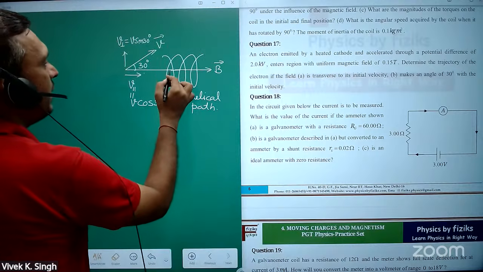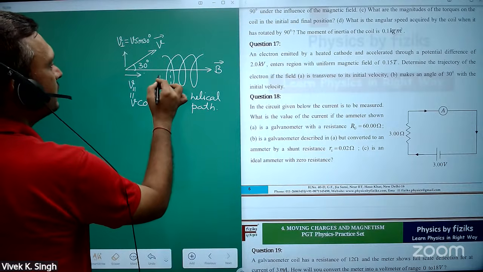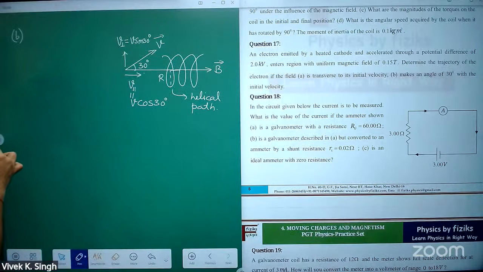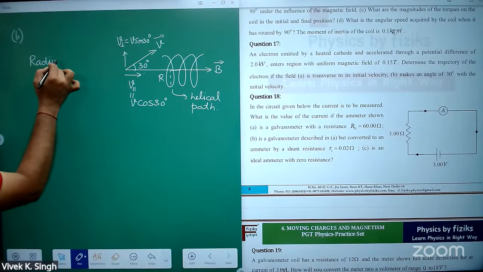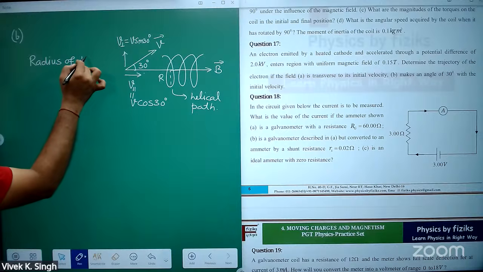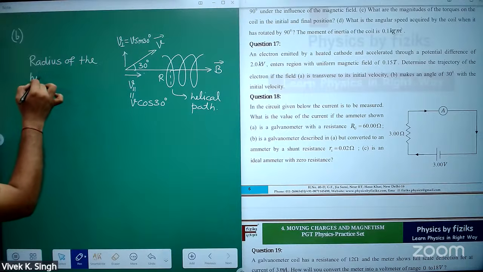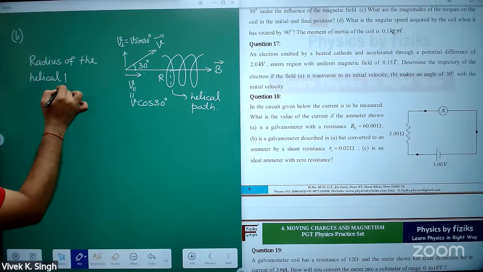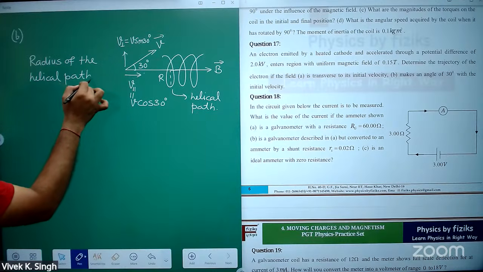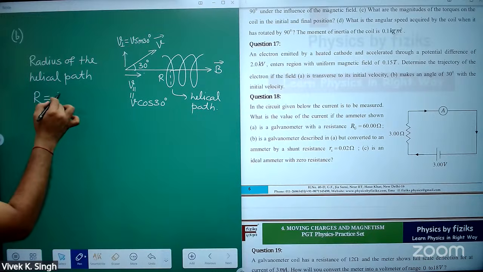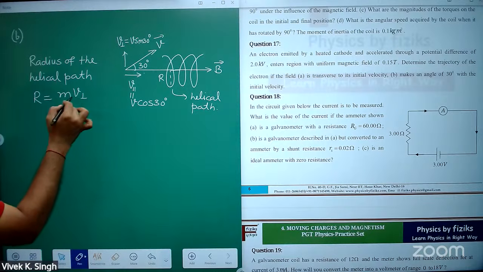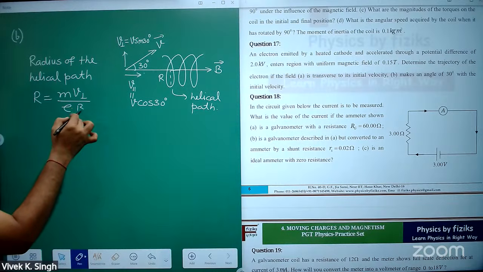Now what will be the radius of the helical path? This will be given by m V perpendicular by eB.